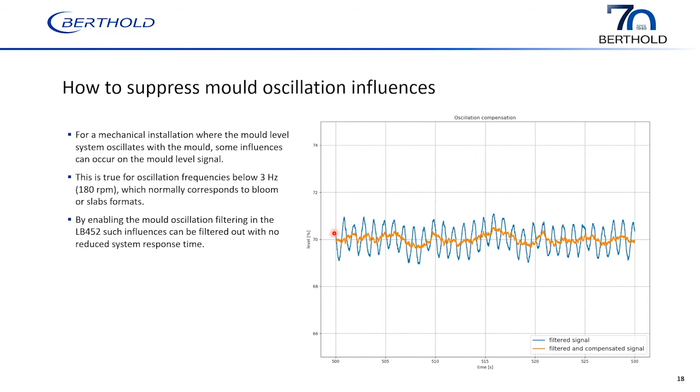And if you look at the graph here to the right, the blue signal is the unfiltered mold level signal, where you can see you have oscillation on that signal. And after we have enabled our oscillation filter, we get this orange signal, where it's actually only carrying the level information. But this is only interesting for people running casters below or up to 3 Hz. Otherwise, the oscillation effect is cancelled out.